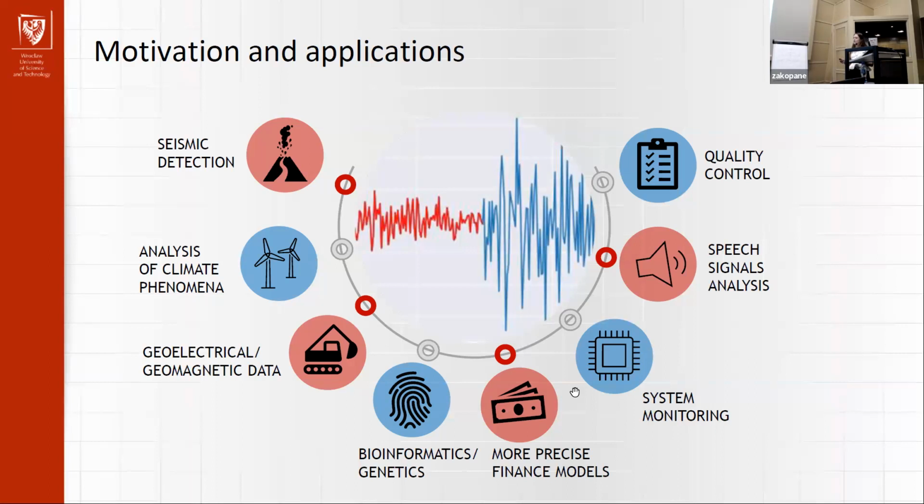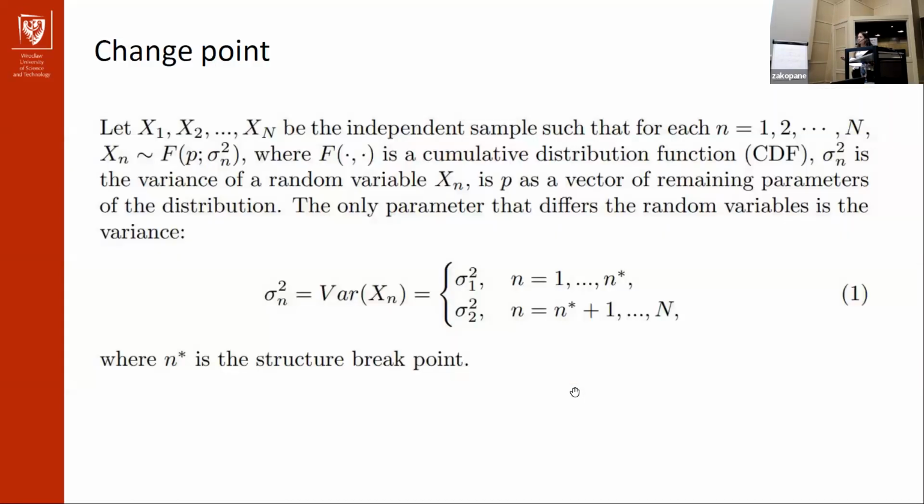For instance, it is used in seismic detection, in analyzing climate phenomena, geomagnetic data or genetics. Moreover, it is also used in quality control, and using information about a change point, we can create more precise finite models. So there is a really large number of fields where we can use algorithms for change point detection.